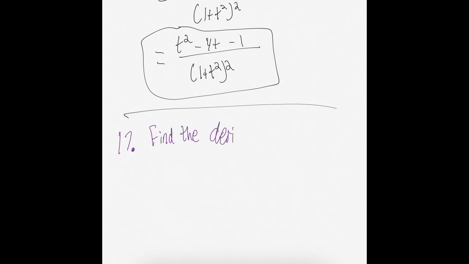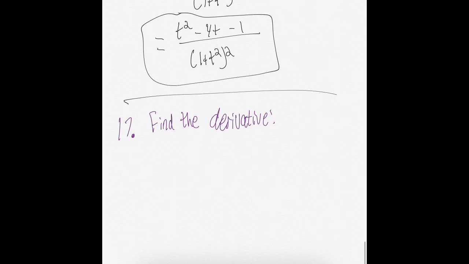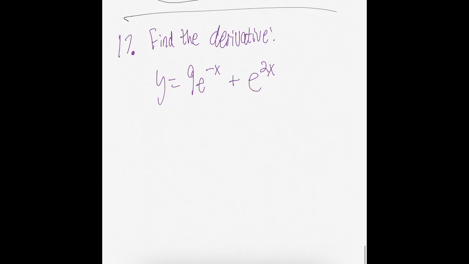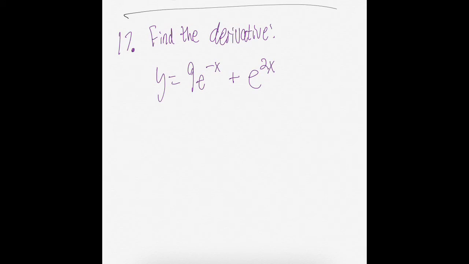And here we are going to find the derivative. The function here is y equals 9e to the minus x plus e to the 2x. So we've used chain rule earlier in this video, but I'm going to do it more slowly and deliberately this time.